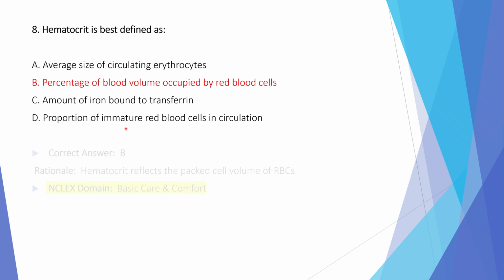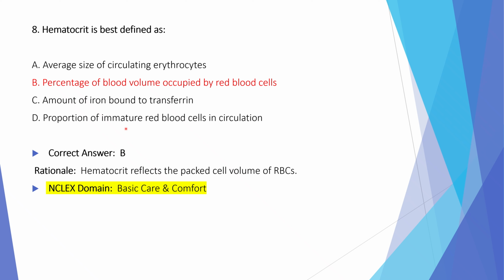The answer is percentage of blood volume occupied by red blood cells. So this is basic care and comfort. Hematocrit reflects the packed cell volume of red blood cells. I think this can also be in patient teaching, when a patient asks the nurse what that means.